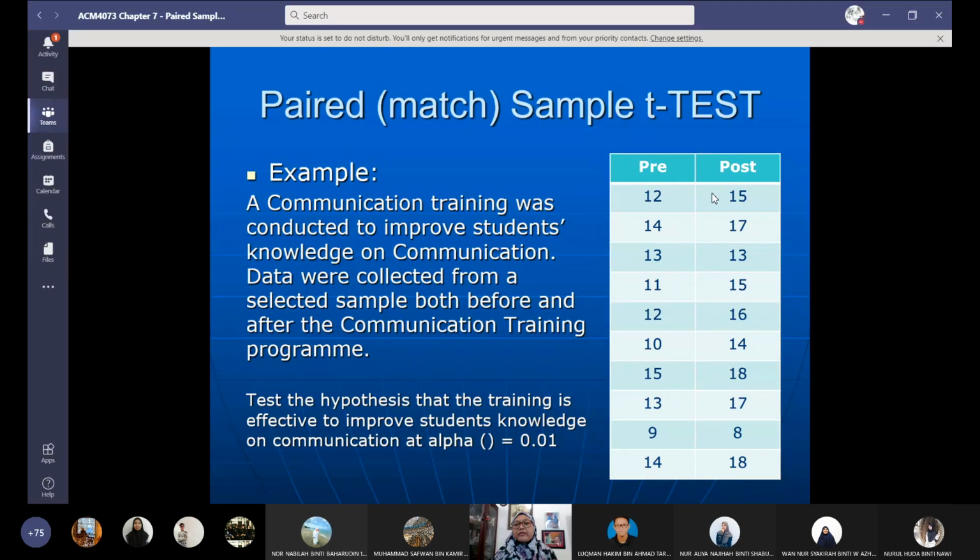If you look at the figures, we can see there is an increase in their score after the training. However, whether it is significant or not, which is more important, whether there is a significant difference or not, that's why we have to check, and we use paired sample t-test.